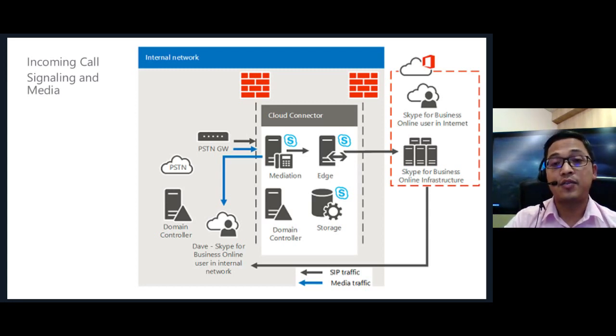Skype for Business Online knows that Dave is currently in the LAN environment on premise, so the message will be relayed to him. When the message comes, the media path between the user and gateway does not go all the way to the H server. The media path is between the PSTN, the mediation server, and then the mediation server to the user. This is how the incoming call works. All right.